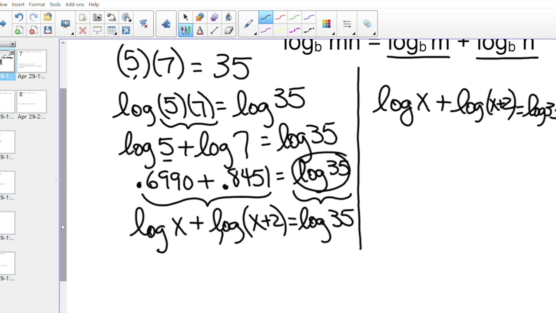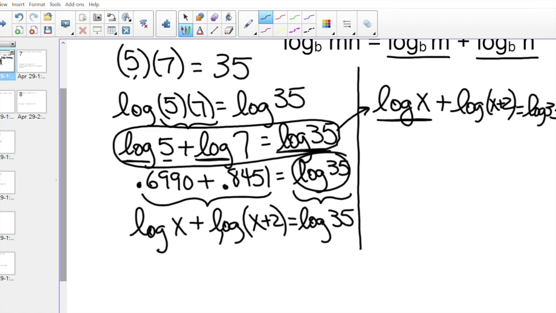So over here you have the log of 5 plus the log of 7 equals the log of 35. Well, over here, this is the log of x plus the log of x plus 2 equals the log of 35.